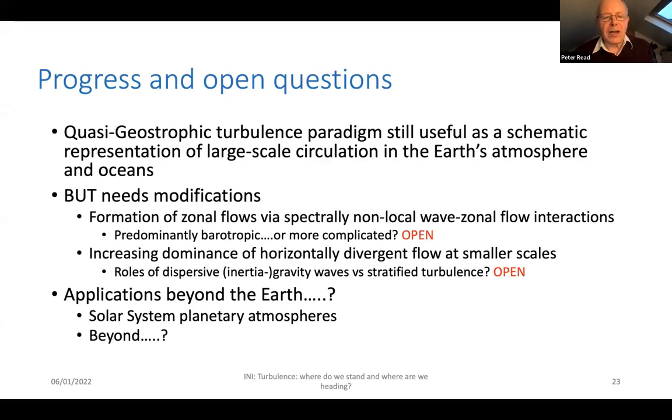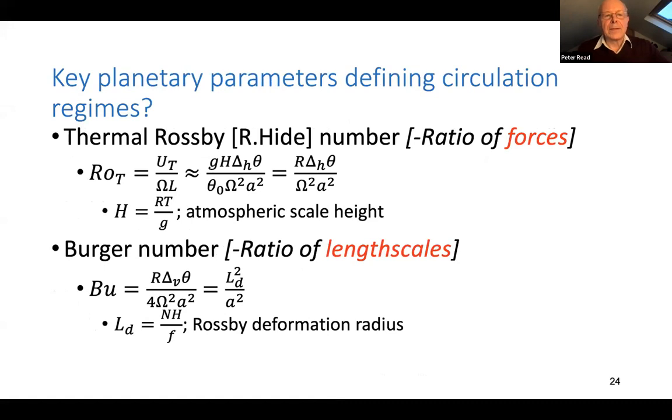We've spoken almost entirely about the Earth, but what about applications beyond the Earth? As I mentioned before, there are solar system planetary atmospheres, atmospheres of other planets that are in rather different parameter settings to what we're used to seeing on Earth. So we can compare these planets by using various dimensionless numbers.